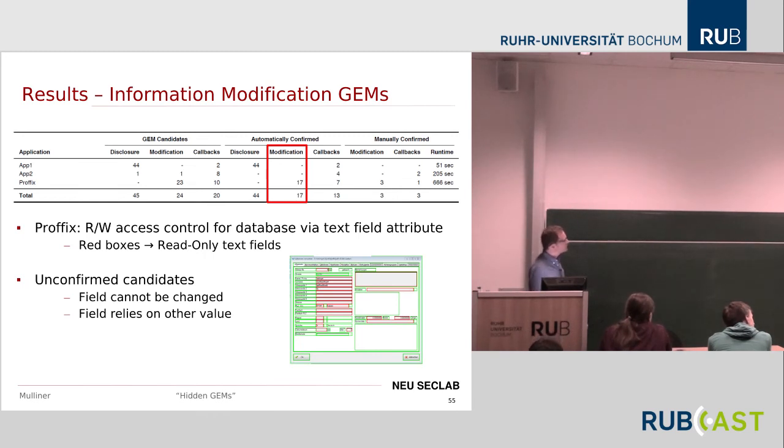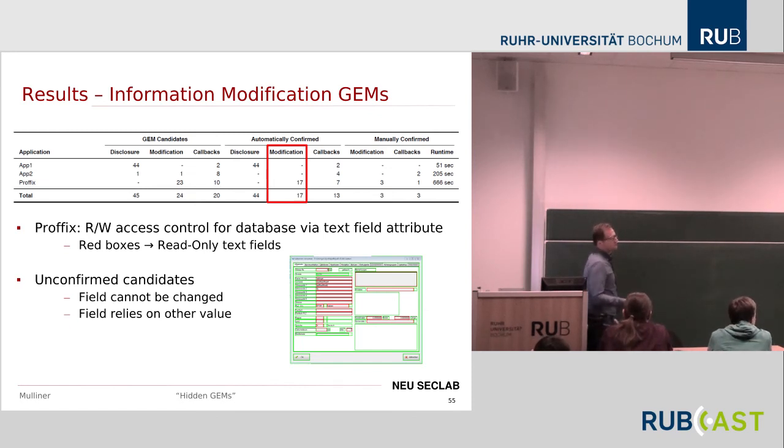Yeah, and the same application that I showed you earlier. So we have a bunch of read-write protected fields, and some fields cannot be changed. For example, on the top, there's a unique database ID for this record, and we cannot change it.